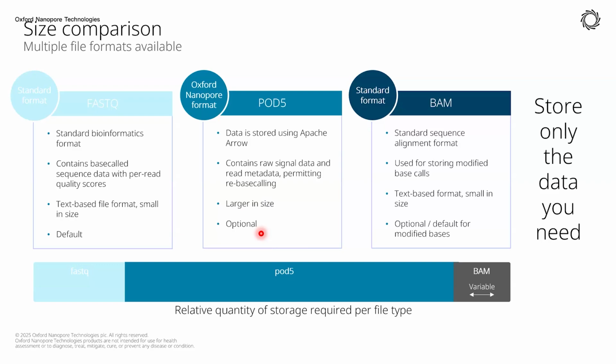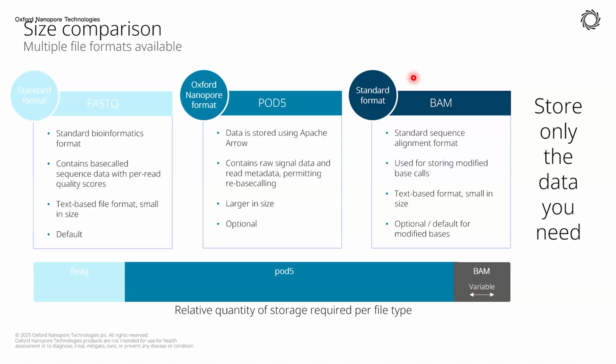And the BAM file is more like a standard format, and I think you already encountered it because you are dealing with short-read sequencing samples. So this is the alignment format. And for us, the BAM is also storing the modified base calls.